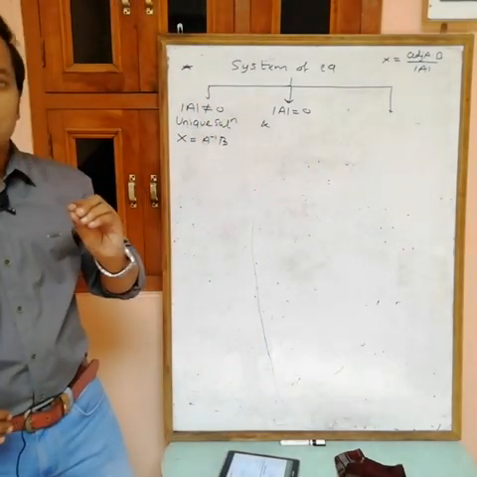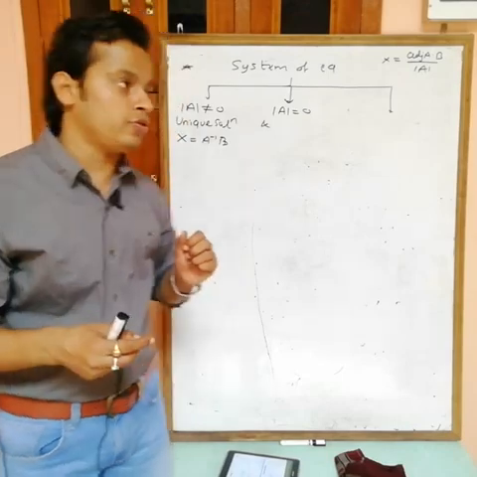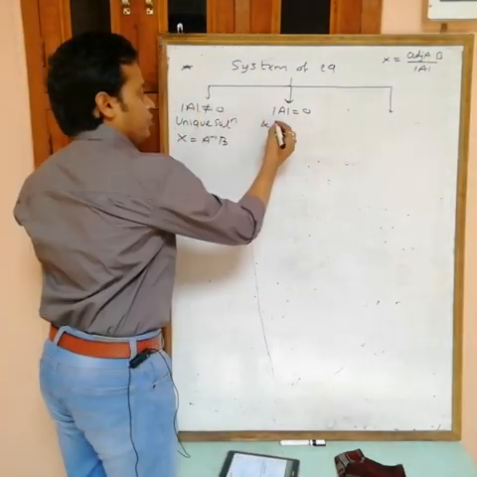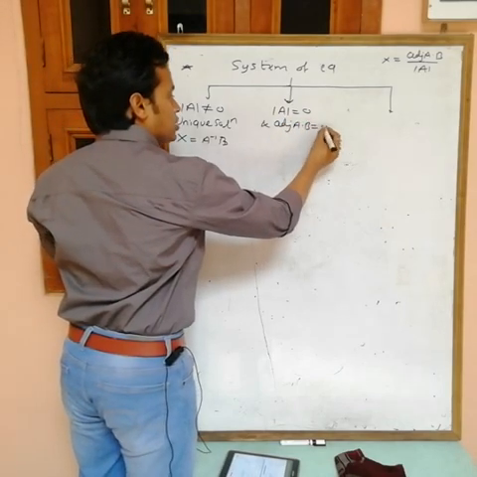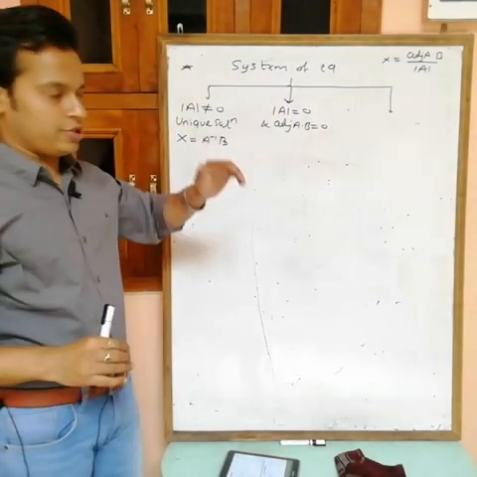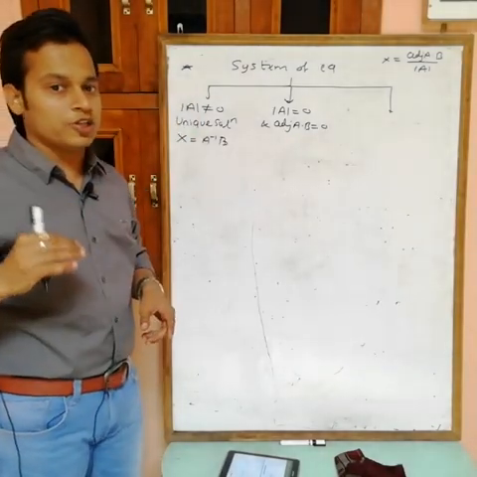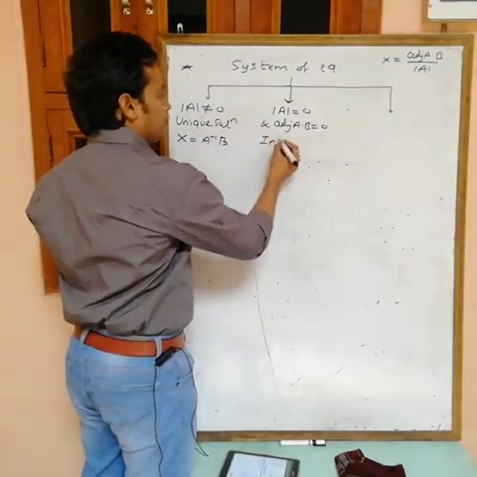If we are getting a 0 by 0 form, how many solutions do we have? Infinite solutions. So the determinant of A equals 0 and adjoint of A into B is also equal to 0, a null matrix. Then we have a 0 by 0 form, and 0 by 0 means infinite solutions.